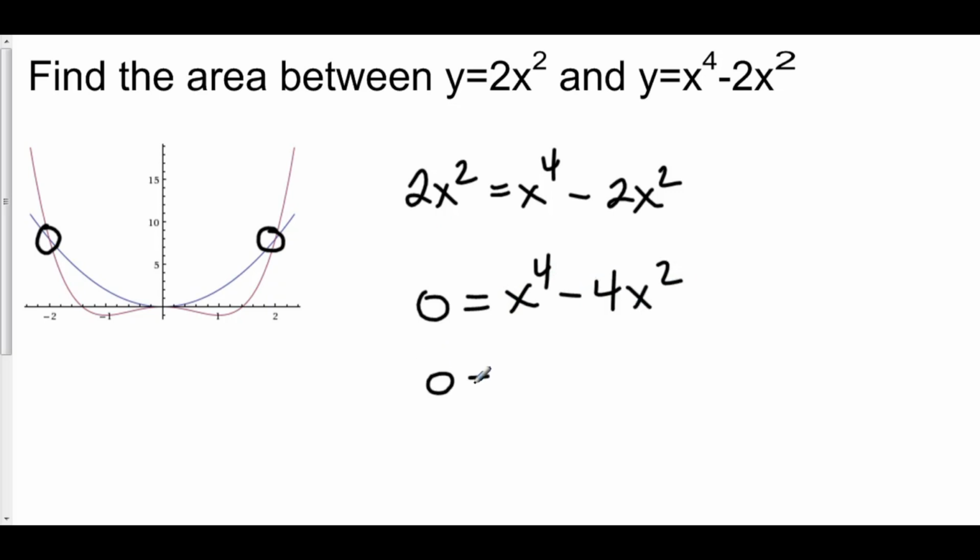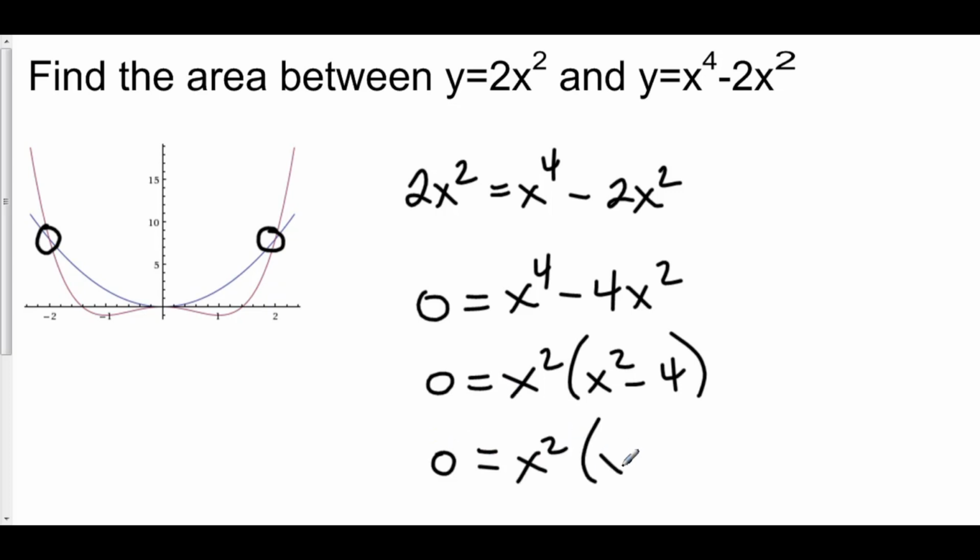So we have 0 is equal to, we can factor out an x squared, and we're left with x squared minus 4. Of course, x squared minus 4 can also be factored. So we have x squared times x minus 2 times x plus 2.